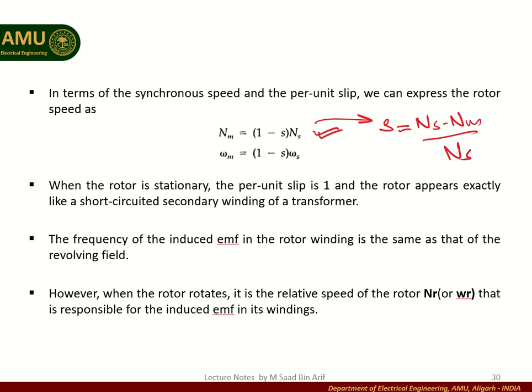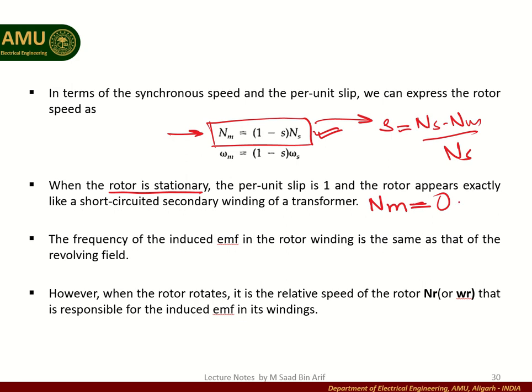From the above expression we can establish different conclusions. For example, let us suppose that the rotor is stationary. What does it mean? It means that Nm equals 0, that is the rotor is not rotating. If we put 0 in this expression, what will happen?